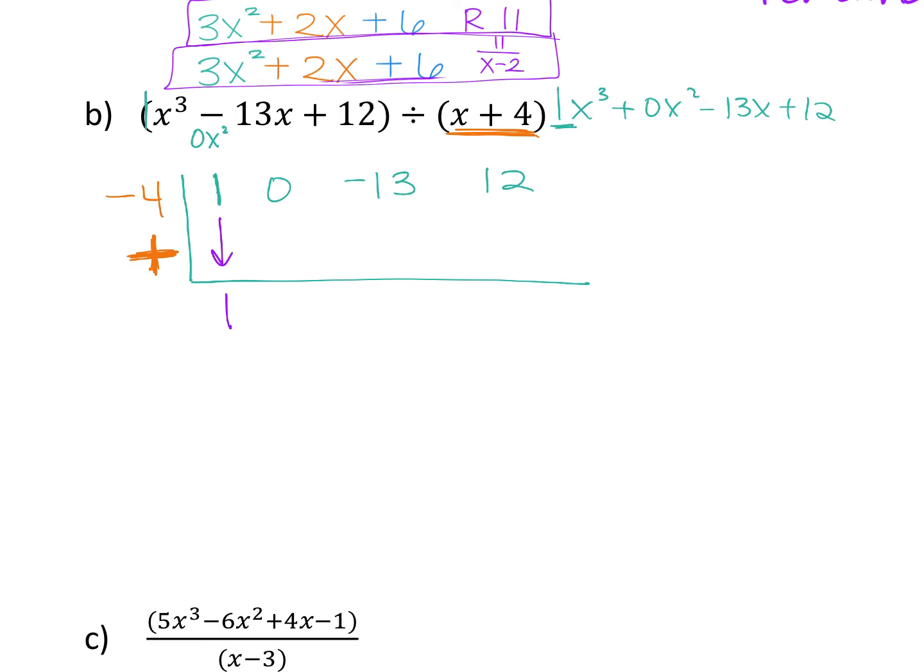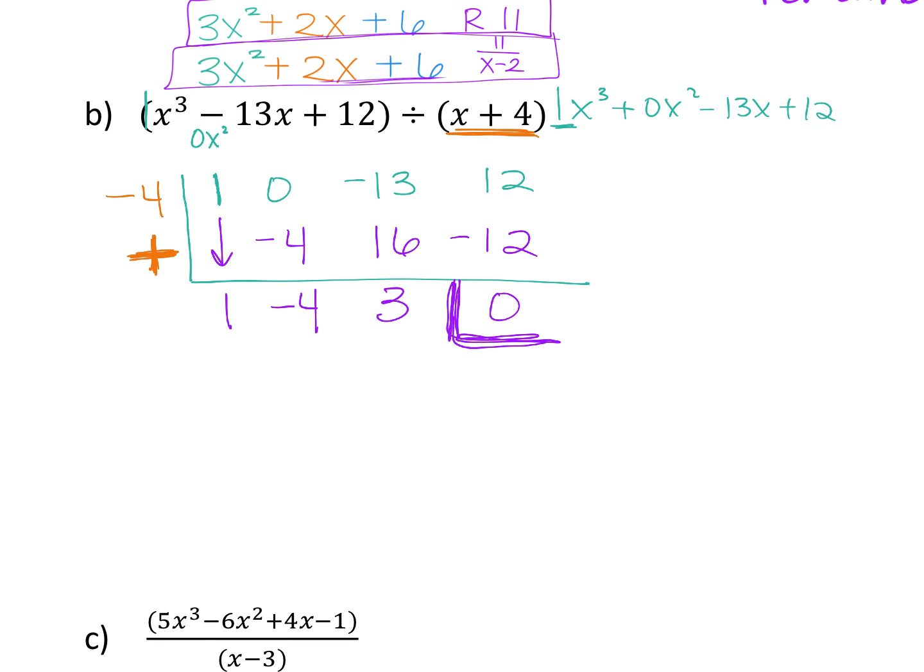Multiply. Yes, negative 4 times 1 is a negative 4. Add those together, you get negative 4. Negative 4 times negative 4 is a positive 16. Add those together, you get what? 3. And then here's where your remainder comes in, this fun little bracket. Negative 4 times 3 is a negative 12. Add those together, you get 0.